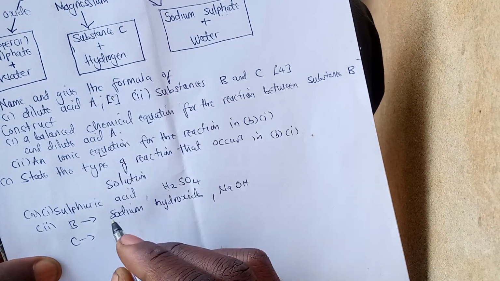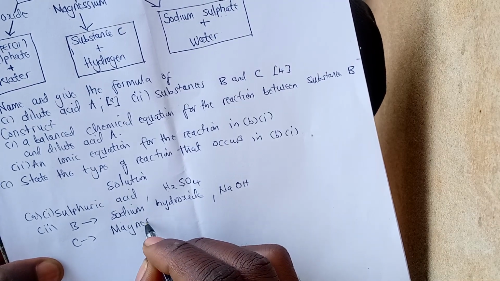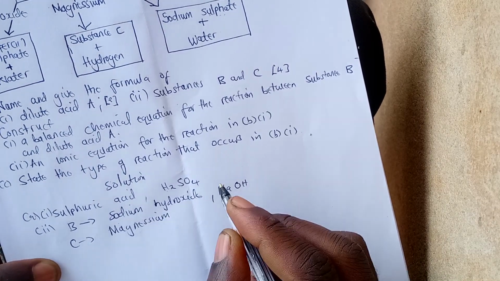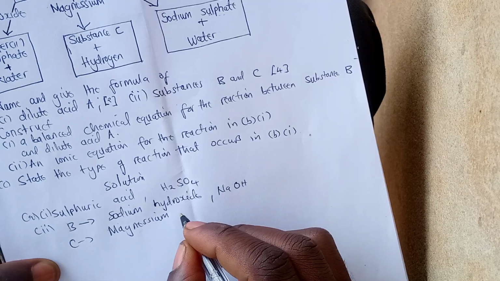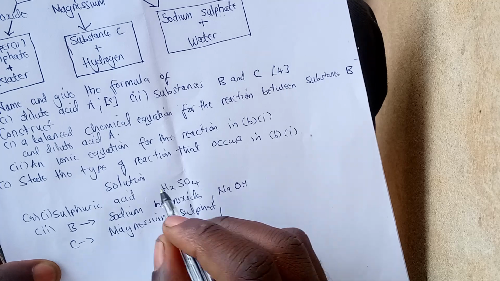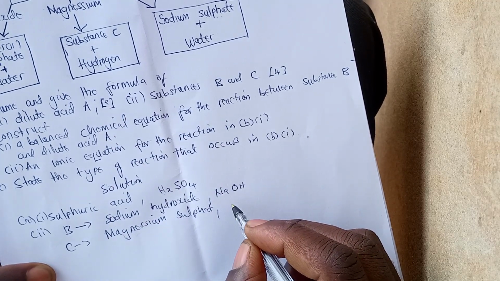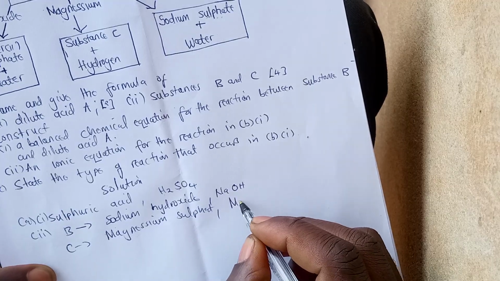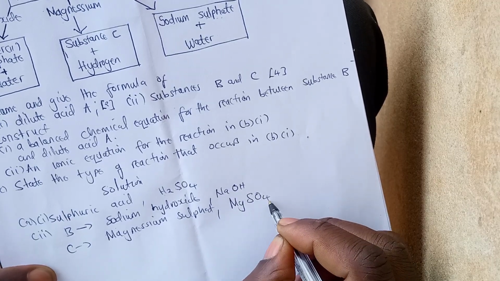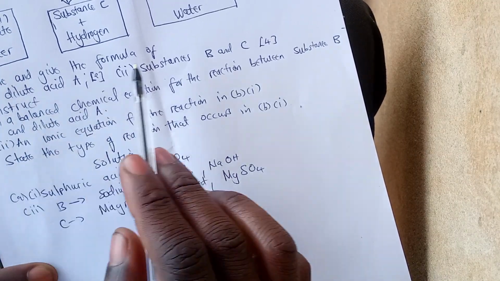So substance C is magnesium sulfate. The formula for magnesium sulfate is MgSO4. So we are done with A1 and 2.